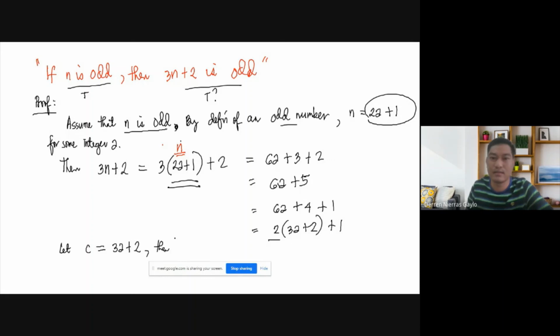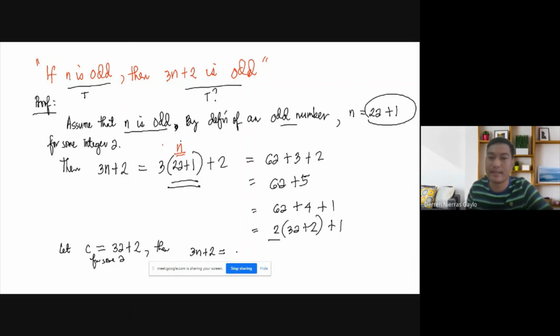Then let C is equal to 3a plus 2 for some a.